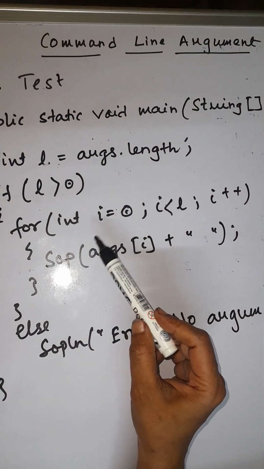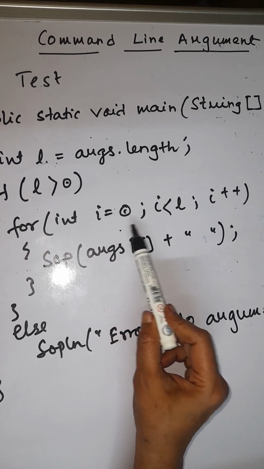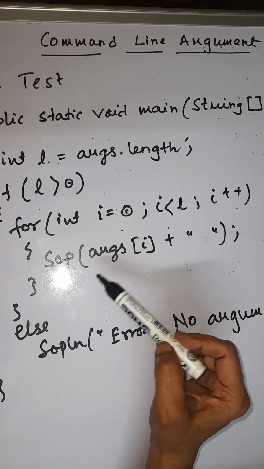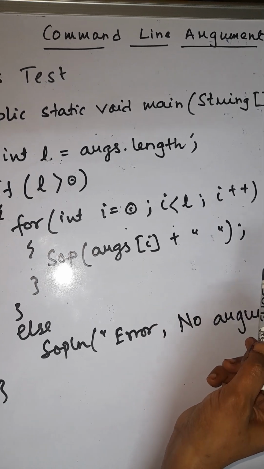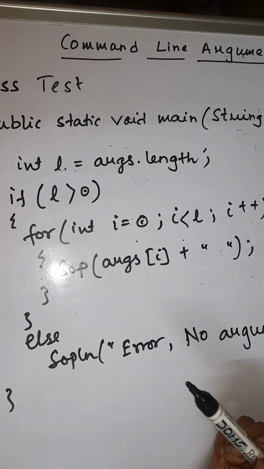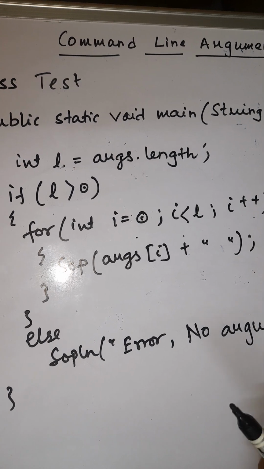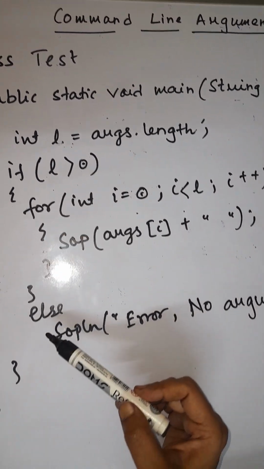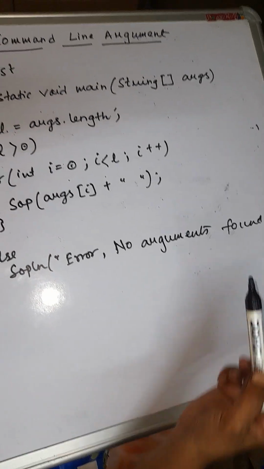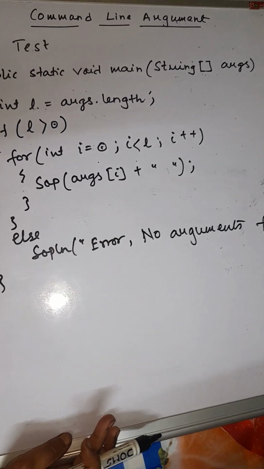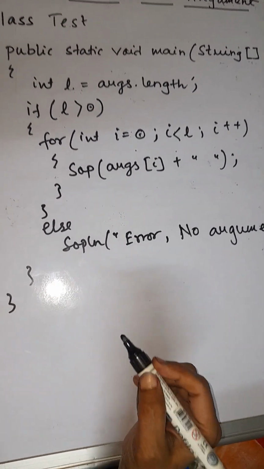So here I use for int i equal to 0, i less than L, i plus plus, and I want to print the argument I passed. If L is not greater than 0, meaning L is equal to 0, then the else part will print the error: no arguments found. Clear?